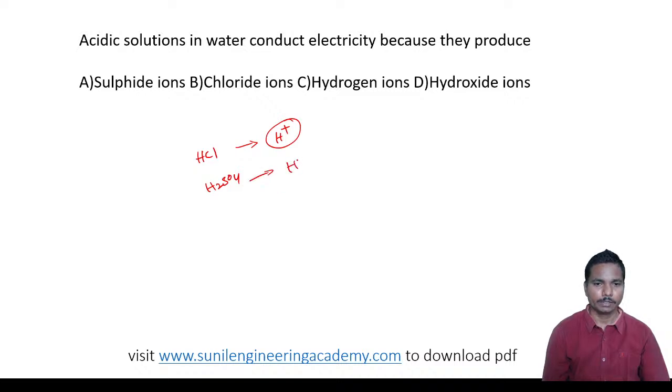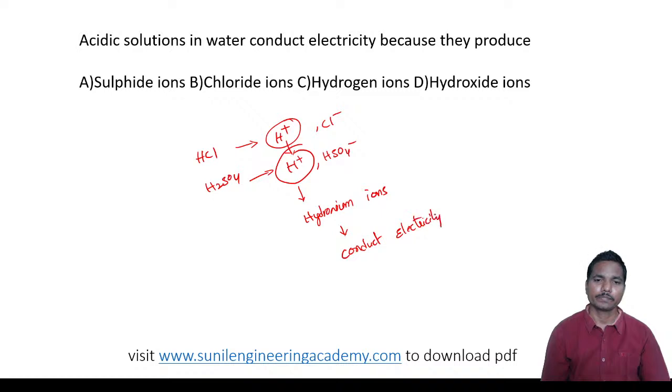Here it is H plus, HSO4 minus. Here H plus, Cl minus. So that means it forms hydronium ions, which are responsible for conducting electricity. So hydronium ions or hydrogen ions. The answer is option C.